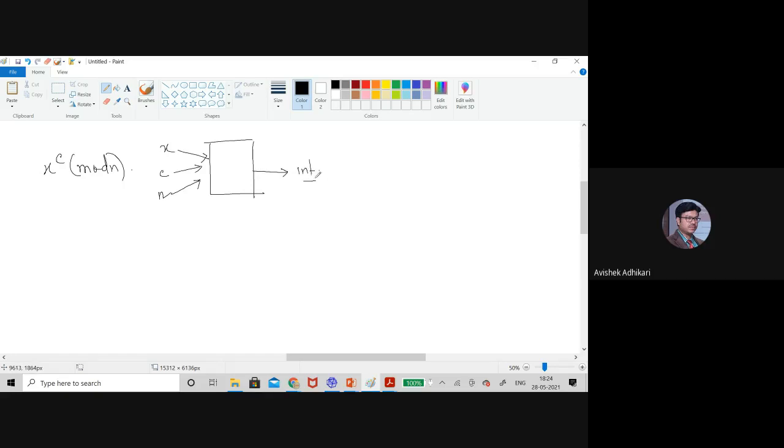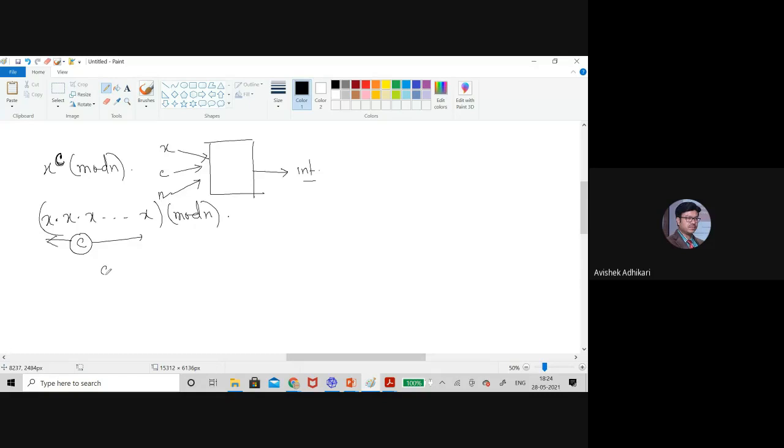Okay, so how to do it? One simple way could be to multiply x by itself c many times, and then take modulo n. But the problem is, for large n or large c, this value will be quite high. So c many multiplications will be very costly.